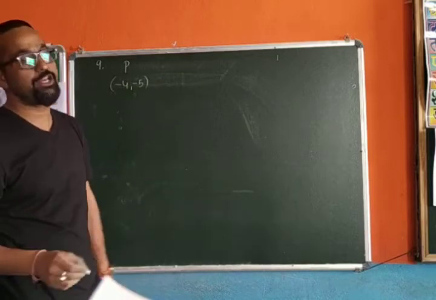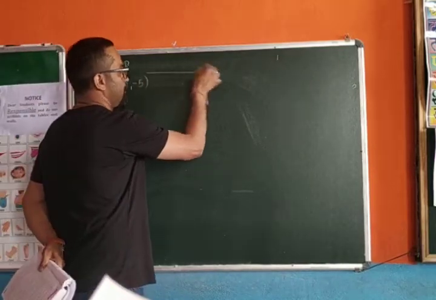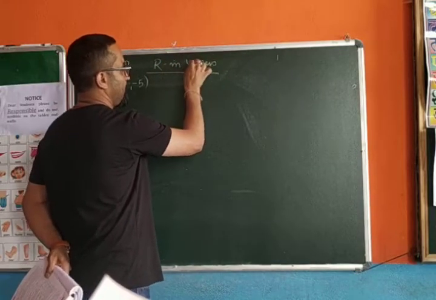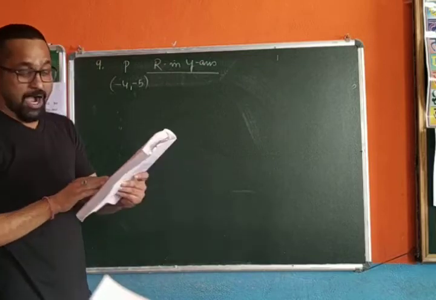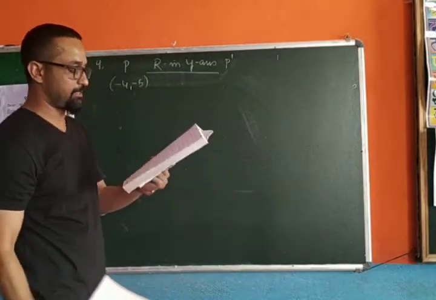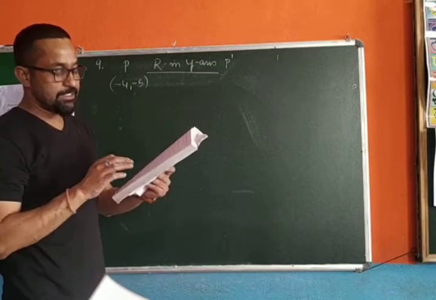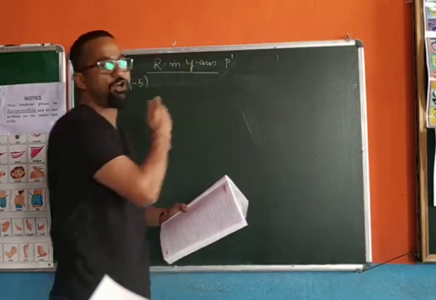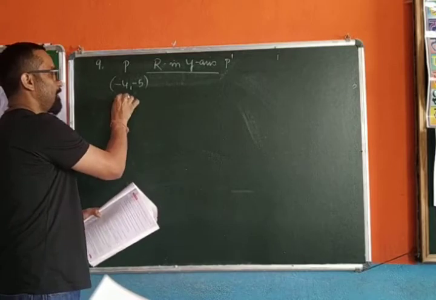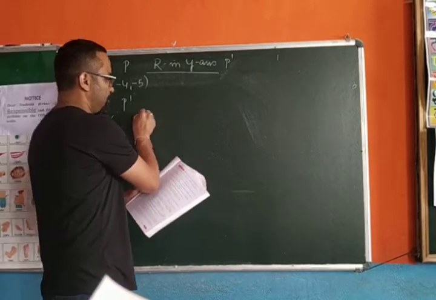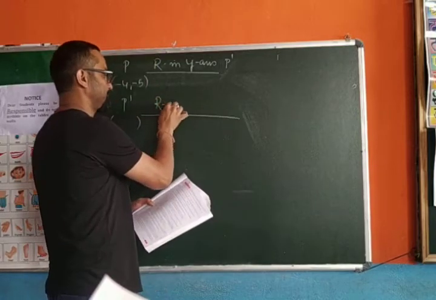On reflection in y-axis, it is marked as P dash. You write P dash. Then question says that the point P dash on reflection in origin. You can continue here or you can do it again. P dash, you do not know the coordinate, reflects in origin.